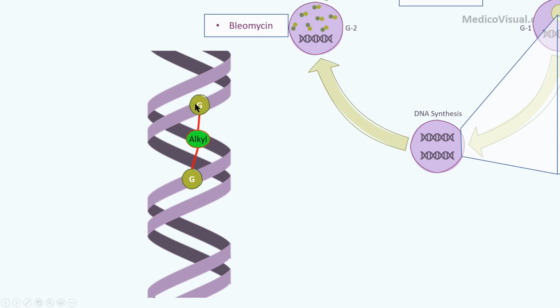They can cause interstrand or intrastrand cross-linking of DNA, and while doing so, they disrupt the normal structure of DNA. They will damage the DNA, and they can damage the DNA in any phase of the cell cycle. So these are cell cycle non-specific drugs, and these are called alkylating agents.